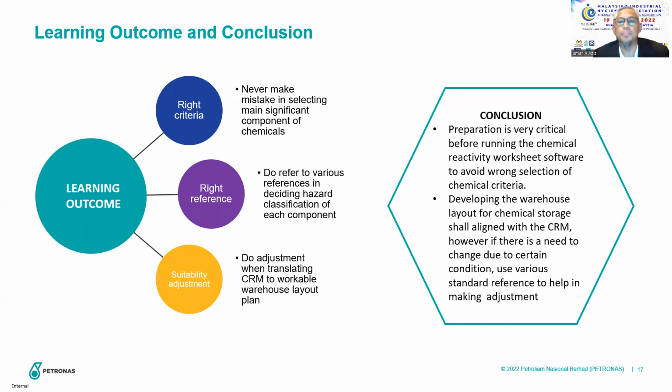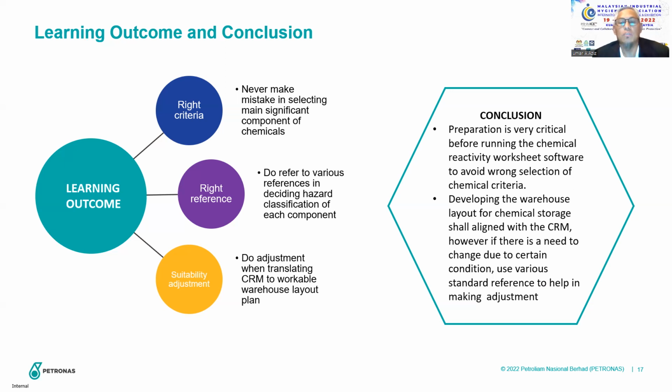So in conclusion, preparation is very critical before running the Chemical Reactivity Worksheet software to avoid wrong selection of chemical criteria. Wrong selection of criteria means we generate a wrong reactivity matrix, and this may lead to hazardous accidents.